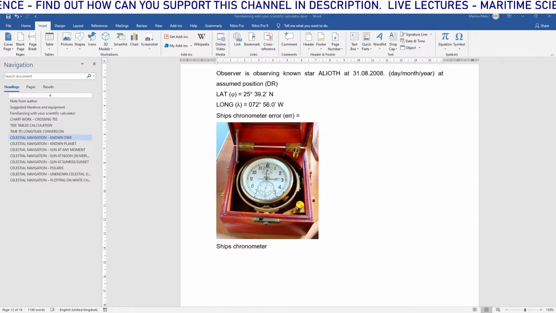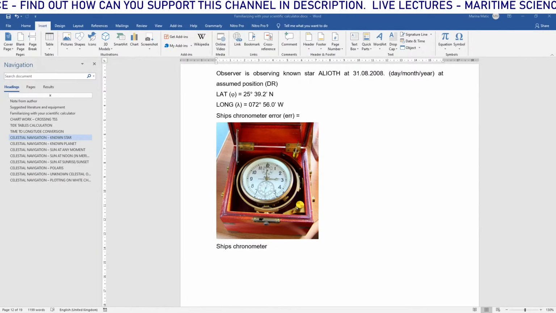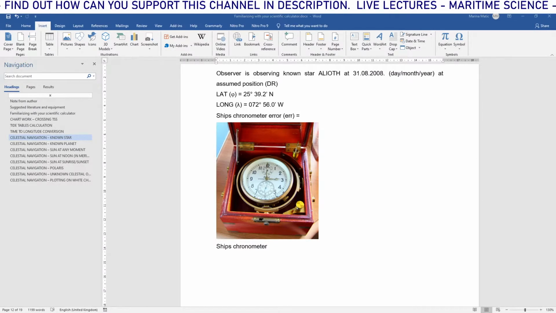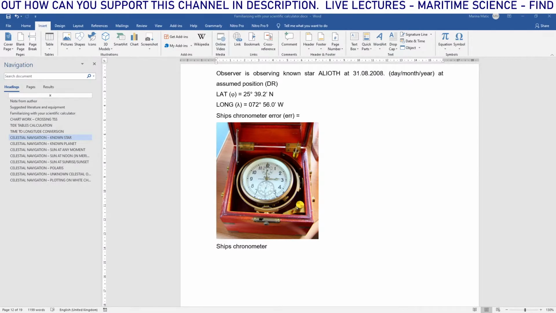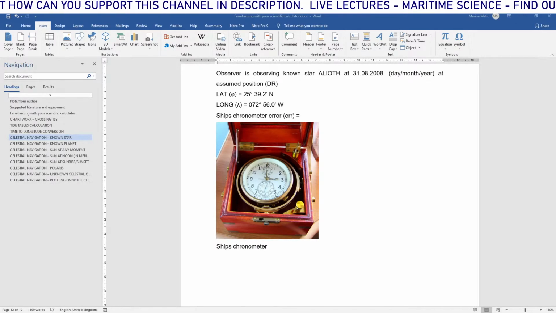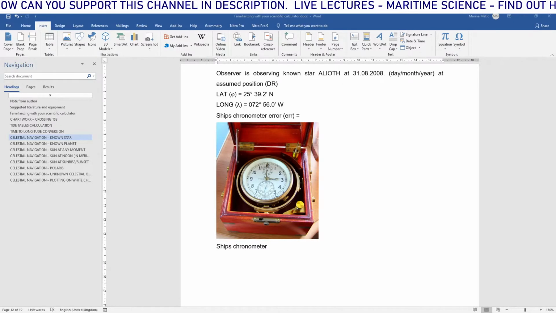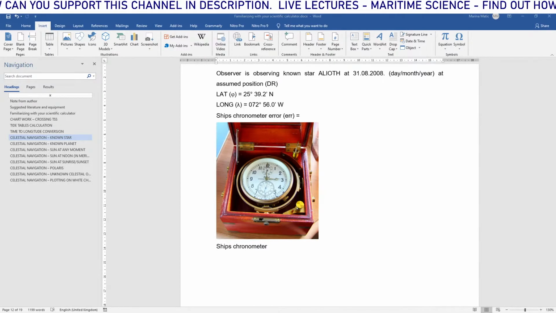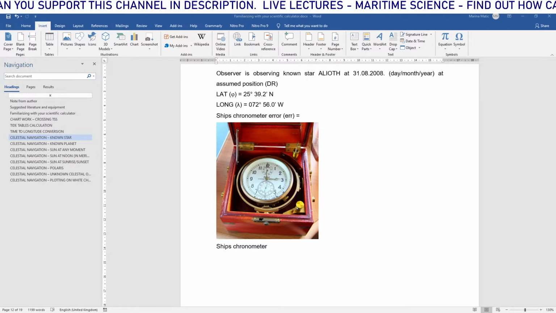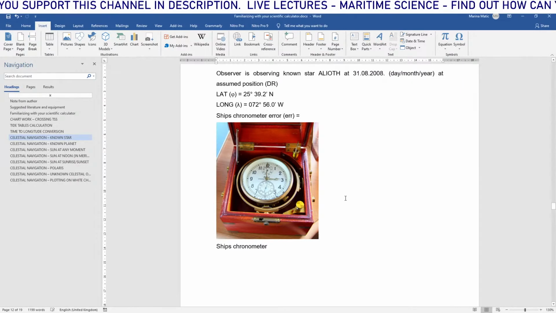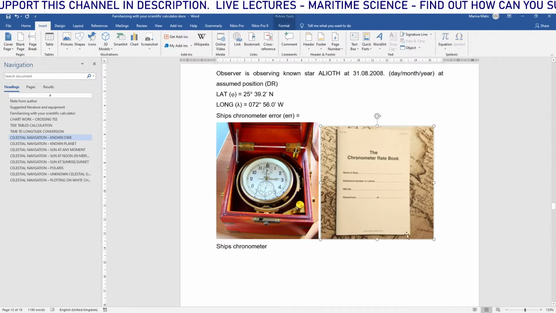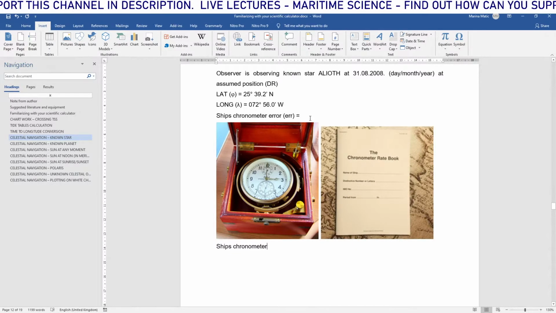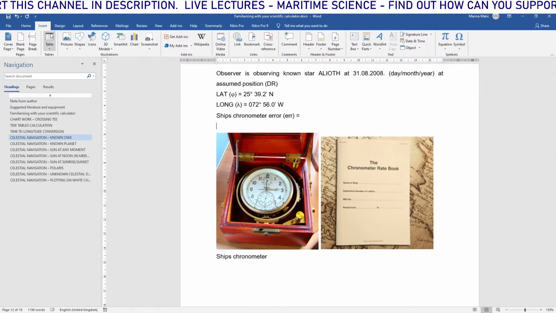And at that moment, let me see, can I find the image of the logbook? Chronometer logbook. Oh, I have, and I have a nice one. Copy image. Let's put it here on the side. So let me put this in tables.